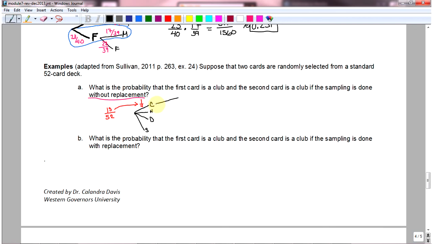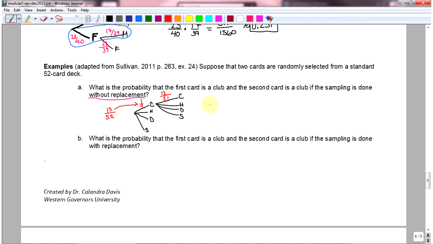So we know, again, there are 4 possibilities. We're interested in the club, but it could also be a heart, a diamond, or a spade. But I can just worry about the branches that I'm interested in. Okay, so what would be the probability that the second card is a club, knowing that there was no replacement? Well, there would be 12 clubs left, since my first one was a club, and there would no longer be 52 cards. There would actually only be 51 cards left now.